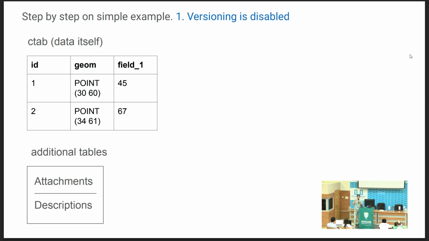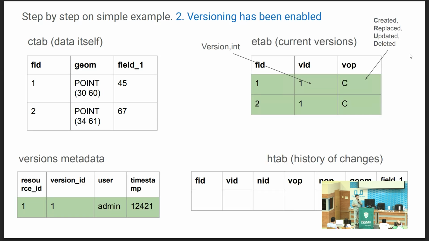Then we activate feature versioning. When we activate feature versioning for a particular layer, three additional tables are created for this layer. One table holds the current versions, so for each feature we have a version ID and the operation of the genesis of this feature, in this case creation, C. We have a metadata table with version metadata, having information about who produced this version and when.